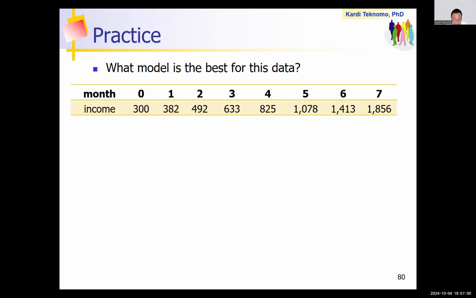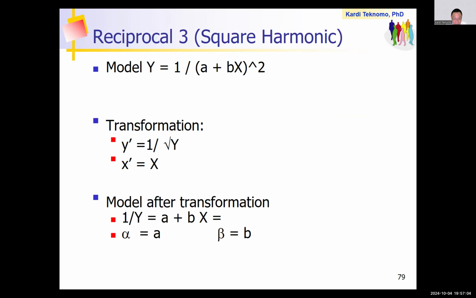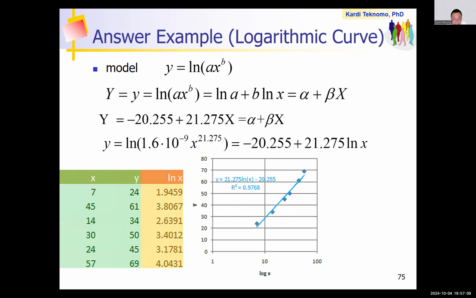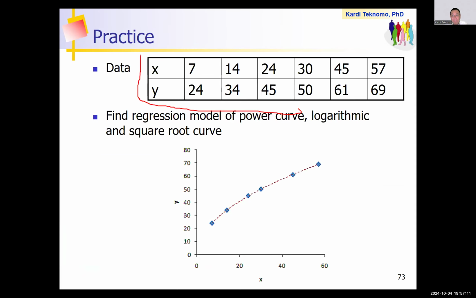Next, using this data, use a different non-linear model, 1 to 8. Is the instruction clear?